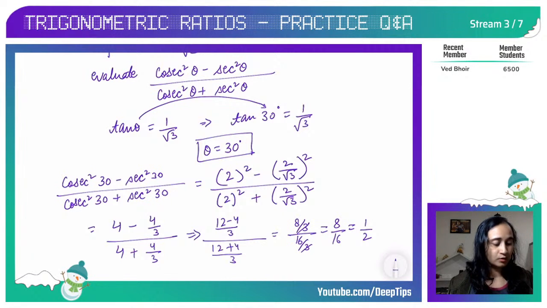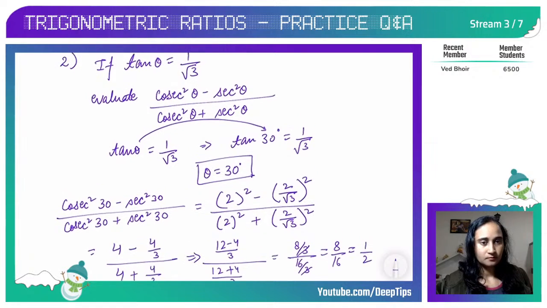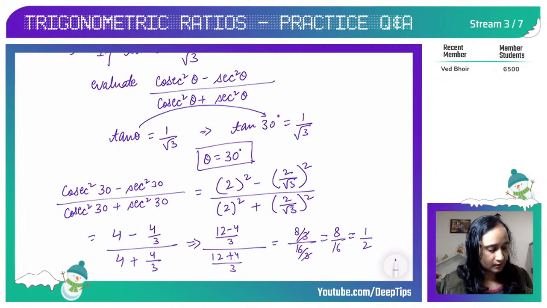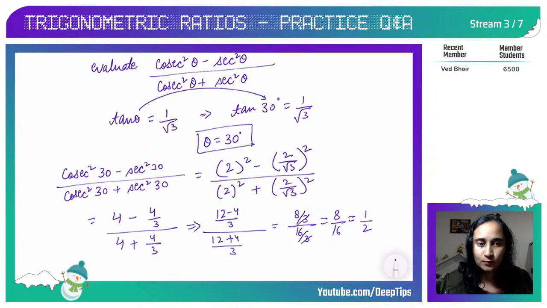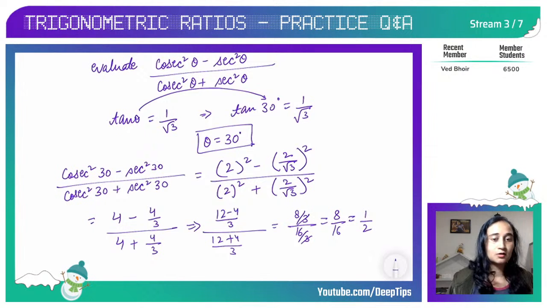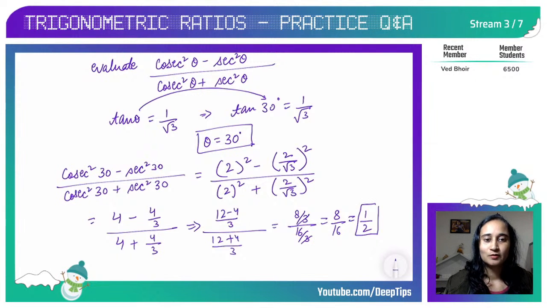So this is how we solve this kind of question where they give you one expression and then ask you to evaluate the other. First we need to find the value of theta, then we substitute that theta in the expression and calculate the value for each trigonometric ratio and solve it step by step, and then you get the final answer, that is 1 by 2. I hope you are clear with the concept.